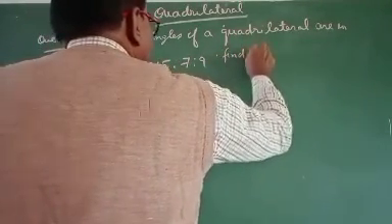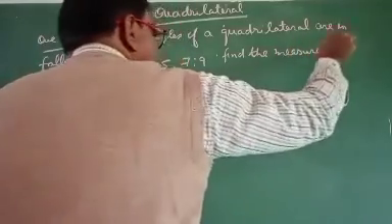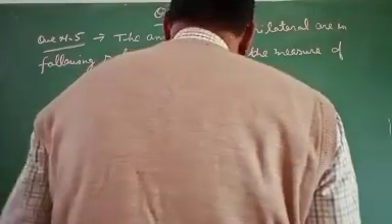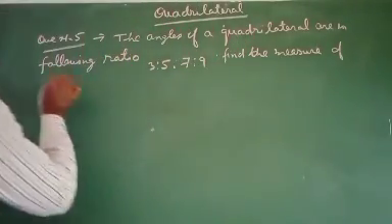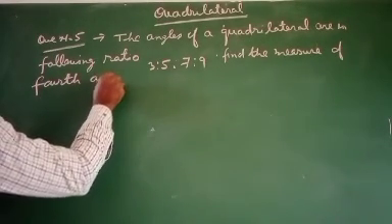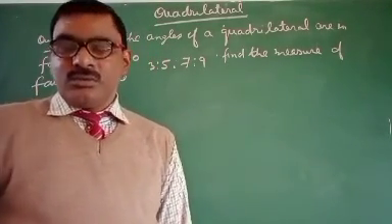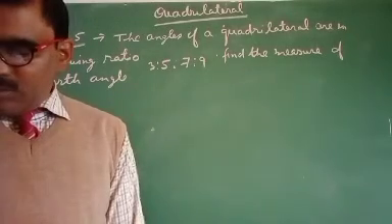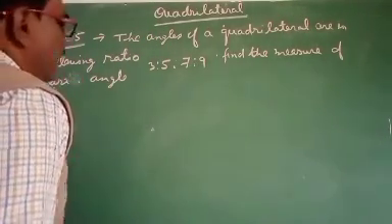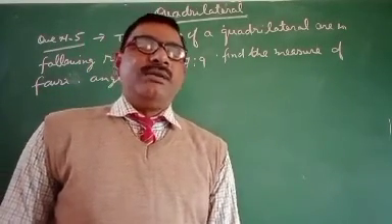Find the measure of the four angles. We have to find the measure of the four angles. The ratio of the angles is 3:5:7:9.